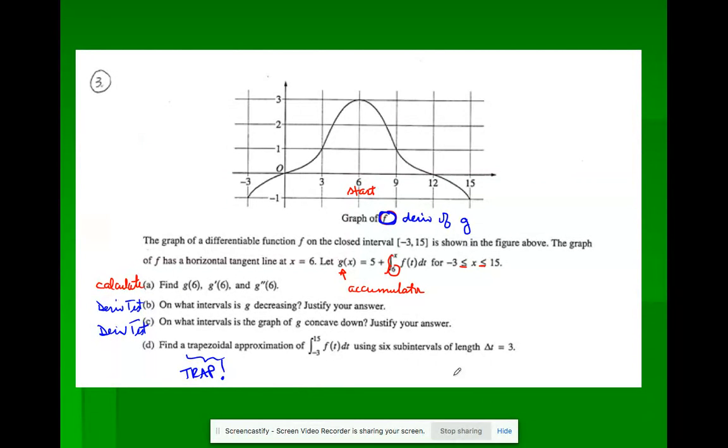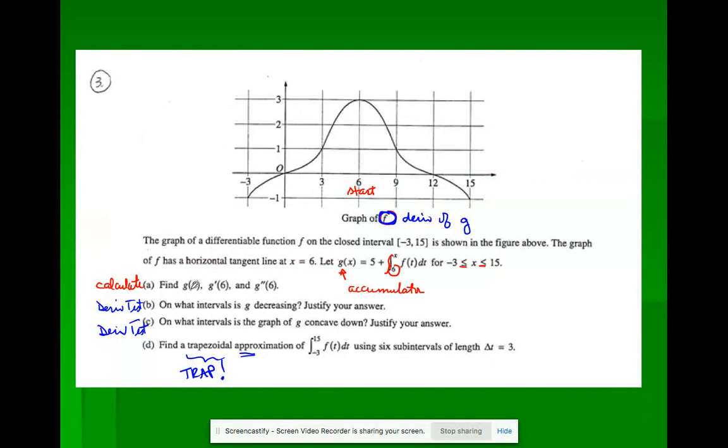Look at that, didn't see that coming, did you? Trapezoidal approximation, because notice that even though they've given me boxes, I cannot actually integrate this. I don't have any equation, and I don't have exact geometry to be able to integrate. So they're going to ask me to approximate, and they told me the way they want me to do it is the trapezoidal rule.